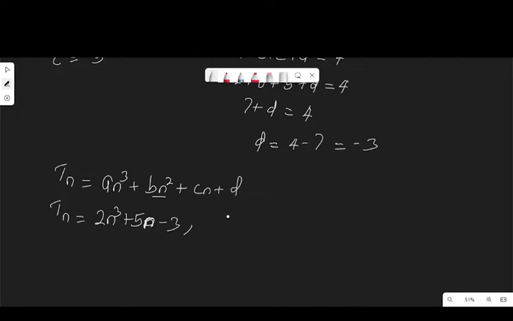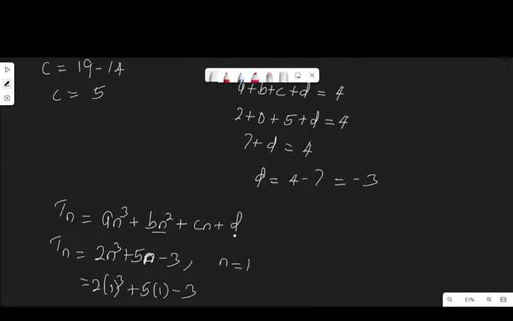Again, let's test the formula for n equal to 1, whether we'll get 4 by putting 1 here. 1 to the power of 3 is 1. Let me even write it. I have 2 times 1 to the power of 3 plus 5 times 1 minus 3, which is 2 plus 5 minus 3. 2 plus 5 is 7. 7 minus 3 is 4.